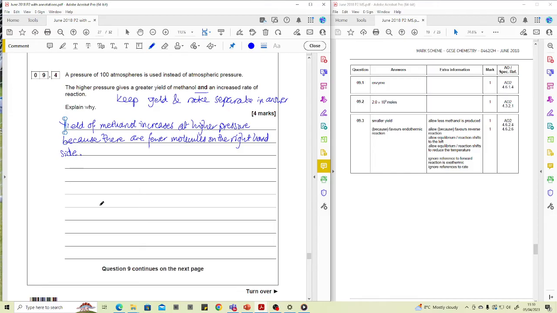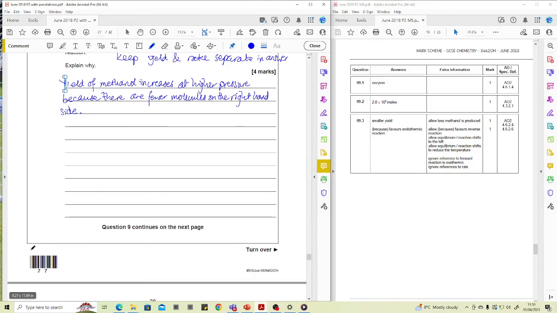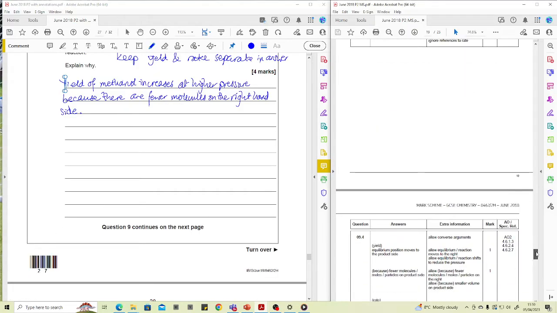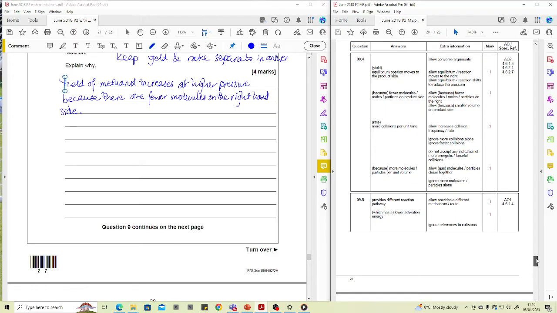Is that enough for the mark scheme, or do we have to say therefore the equilibrium shifts to the right? Yes, we do.